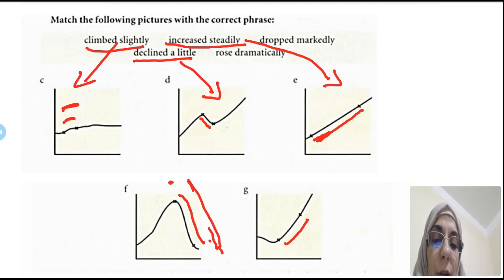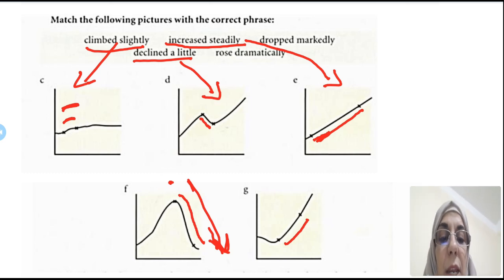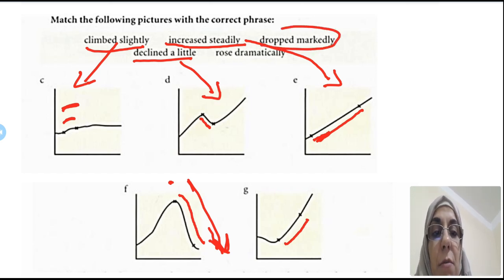Okay? From the top to the bottom. But how is this movement? It's a downward movement, but a quick one. Now G. For G, so here it's dropped markedly.